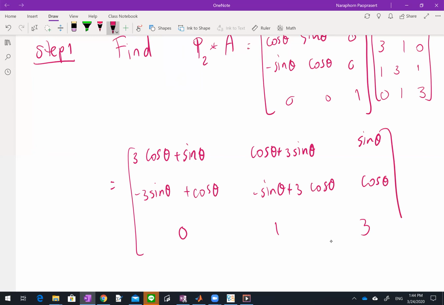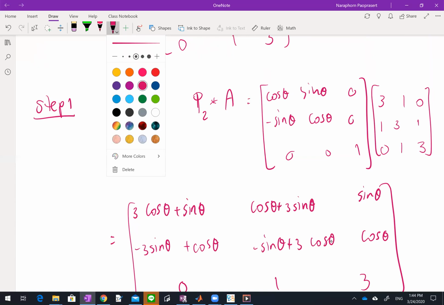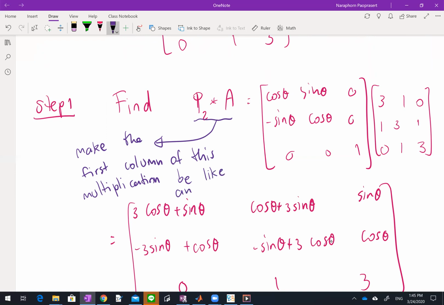So the first multiplication, our aim is to make the first column of this multiplication be like an upper triangular matrix.